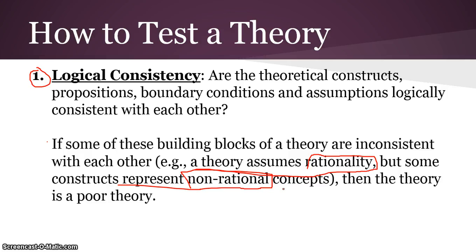Then we're going to have a problem with this working. We're going to have a problem with this actually being an accurate and appropriate way of framing our research. So logical consistency. Do the constructs, propositions, and boundary conditions remain consistent with one another?